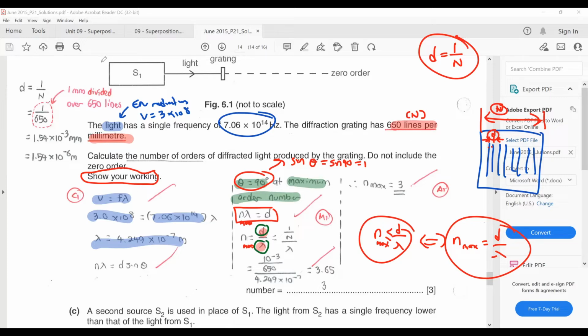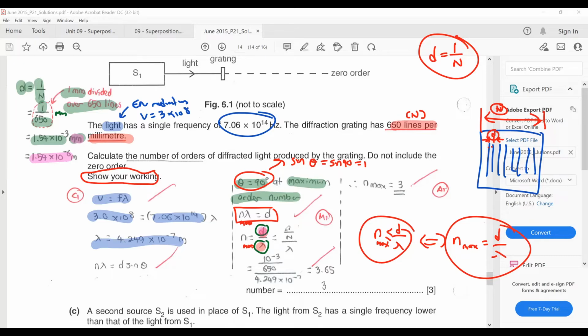But be careful about the units. If I say d equals 1 over n, and I take 1 divided by 650, I'm going to get the value in terms of millimeter, because the idea is that I'm saying 1 millimeter divided over 650 lines. So I'm getting the answer in millimeter, but I need to change it to meter. So I multiply by 10 power minus 3, giving me 10 power minus 6 here.